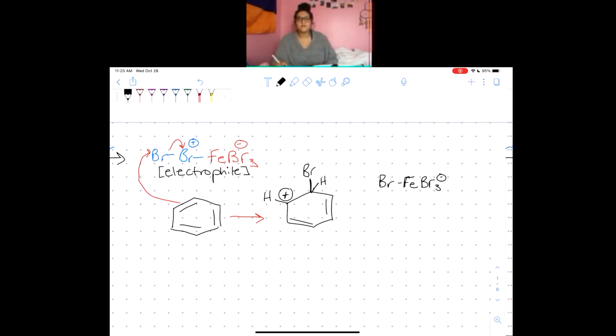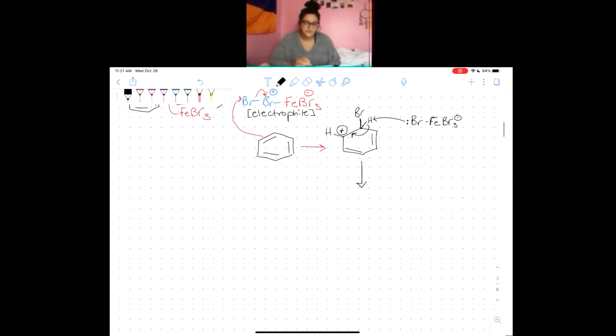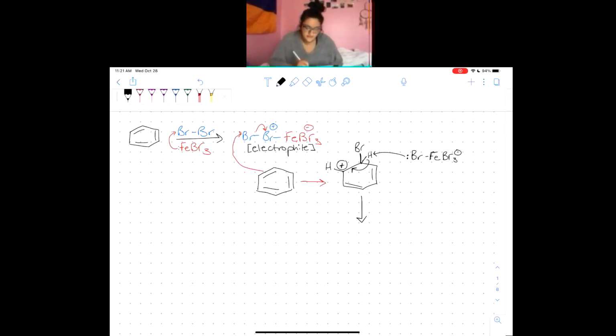And what happens is kind of complicated, where once this happens, this bromine at the end can now steal hydrogen, so kind of act as a base, and that will give the electrons back here to reform our double bond. And I'm sorry that this mechanism's kind of going everywhere.